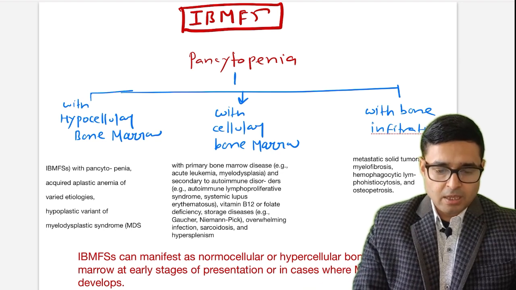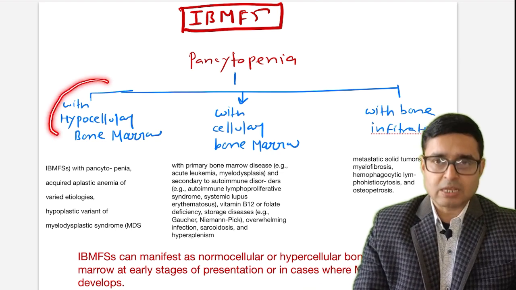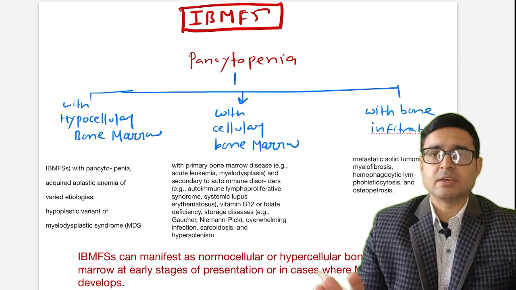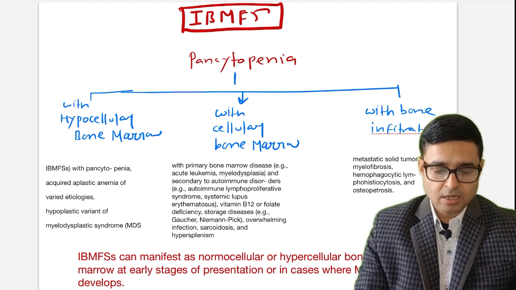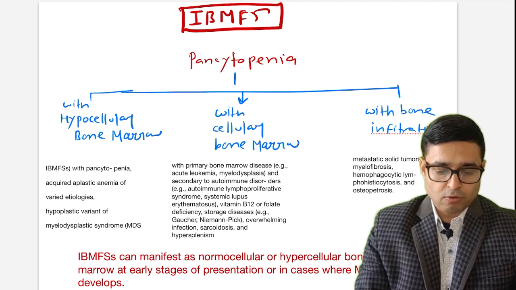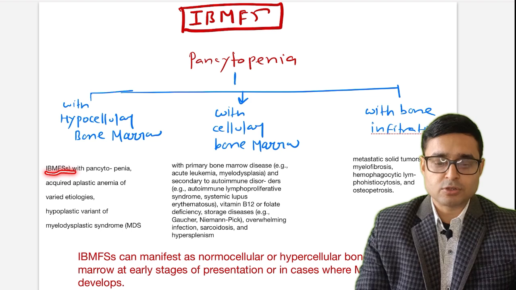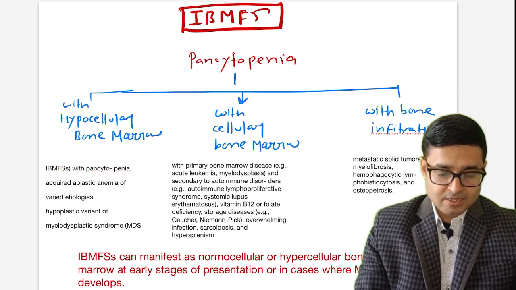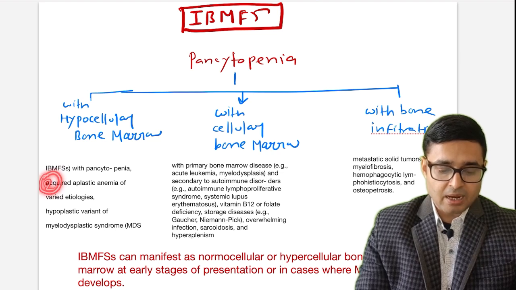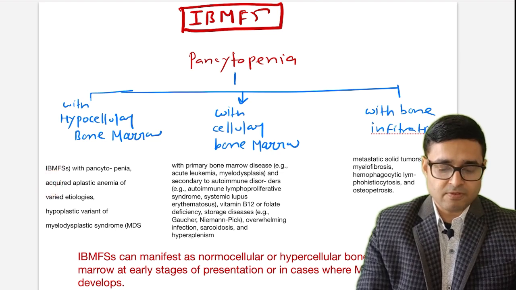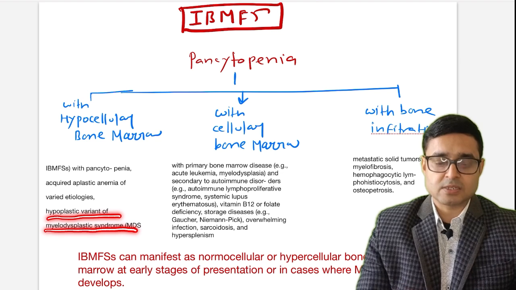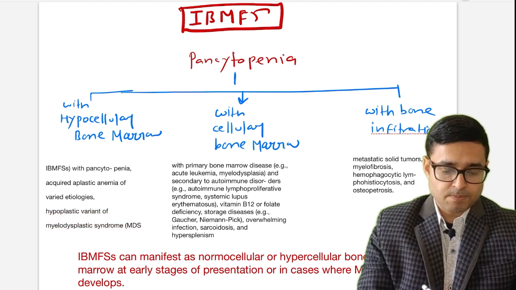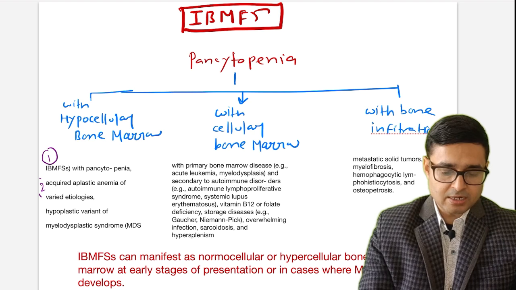Next step, if the bone marrow is hypocellular, meaning no cellularity or less cellularity, you can think of inherited bone marrow failure syndrome with pancytopenia. First, second, acquired aplastic anemia, and third, hypoplastic variant of myelodysplastic syndrome. So, to be precise, three possibilities are there: one, two, and three.